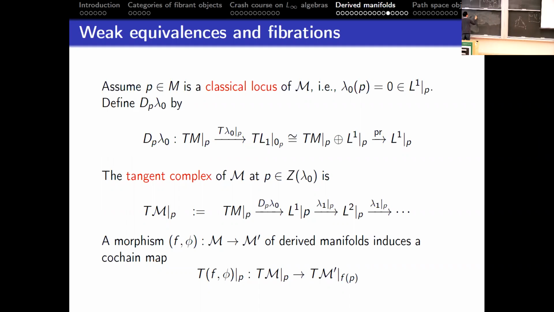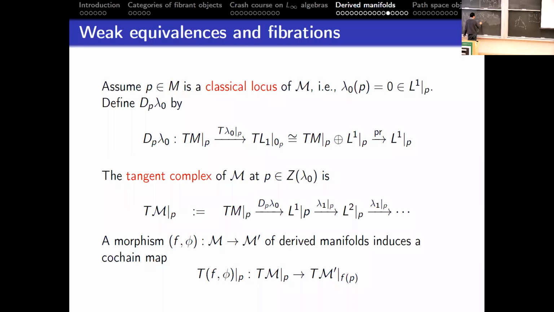So you have lambda 0, it's just a section here. And you have lambda 1 and so on. So lambda 0 is a section, and now you take the derivative of this section, the tangent map of this section. You get the tangent map of lambda 0 of L, and then you have to look at the zero locus, sorry.